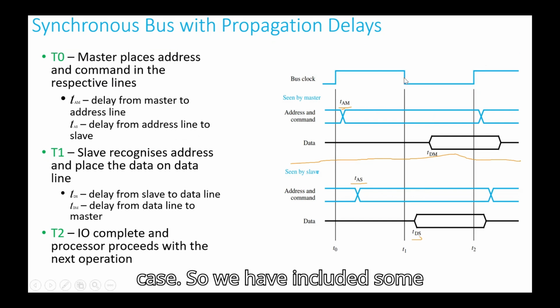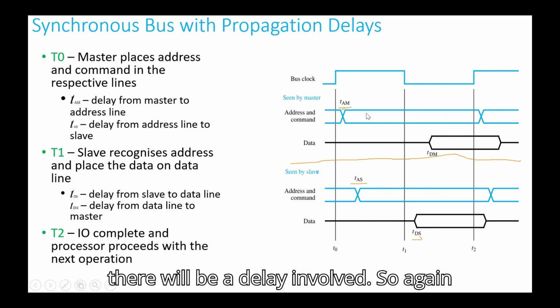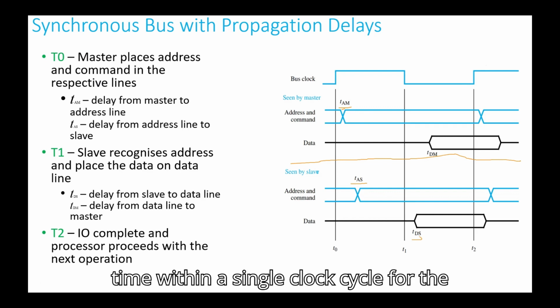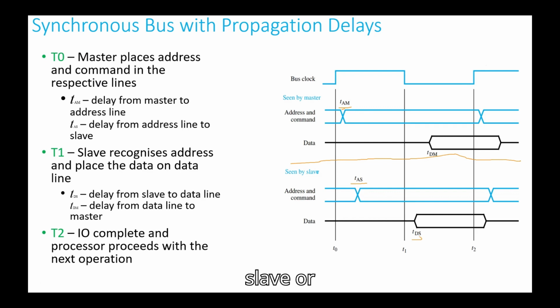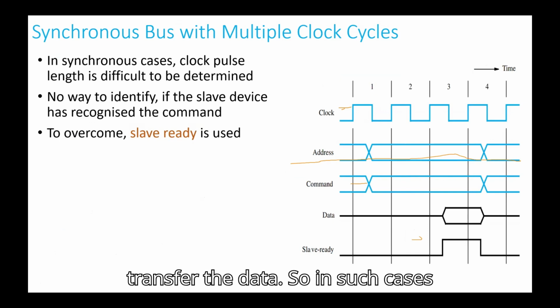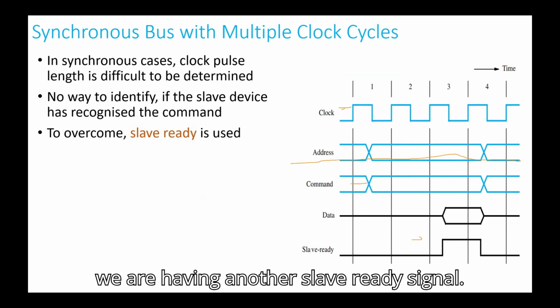So we have included some delays. So for every operation there will be a delay involved. So again, it is not possible for the slave to respond every time within a single clock cycle, or the slave may not be ready to transfer the data. So in such cases, we are having another slave ready signal.